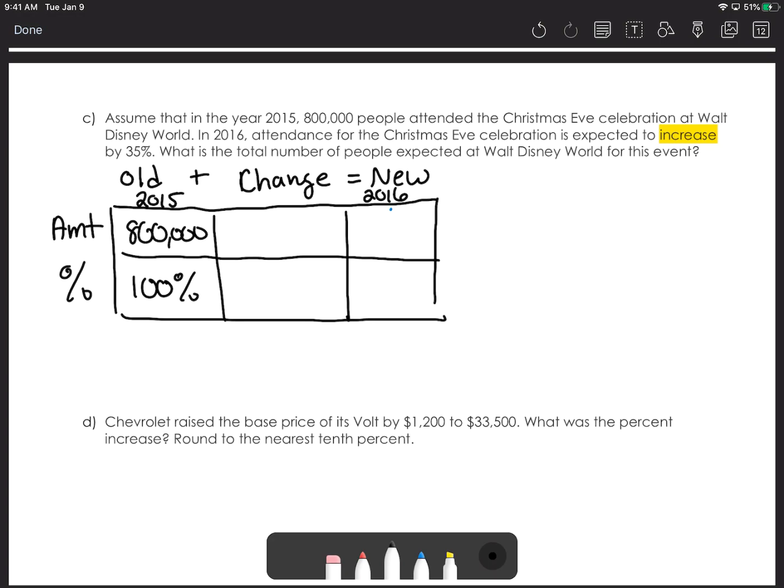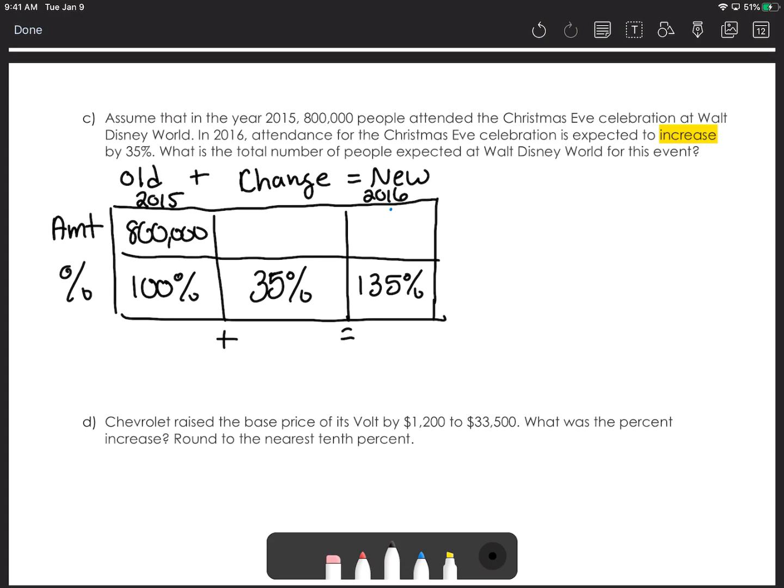It says we also know that it increased by 35%. So that is the amount of the change. So that's the percent of the change. Now when I take 100 plus 35, I get 135%. That's going to go underneath the new column.